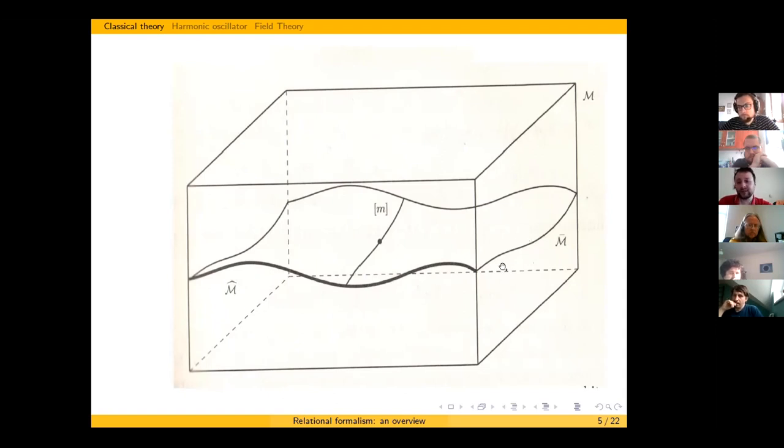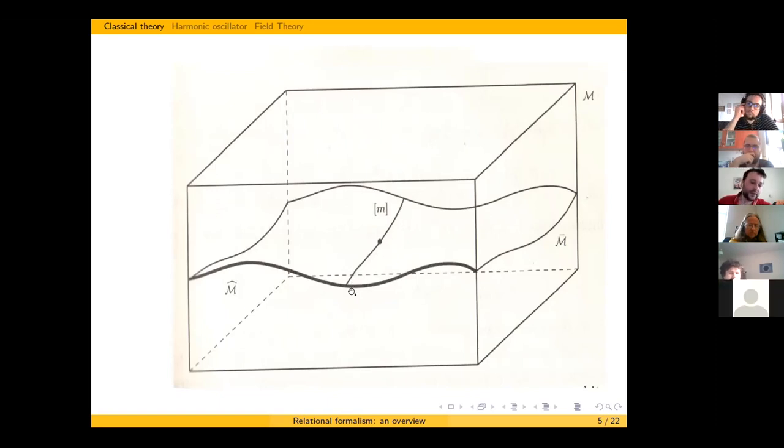So constraint hypersurface just stands for constraint submanifold. And if we have a point on this submanifold, we denote this curve here with a little m in brackets, which is the gauge orbit through this point.